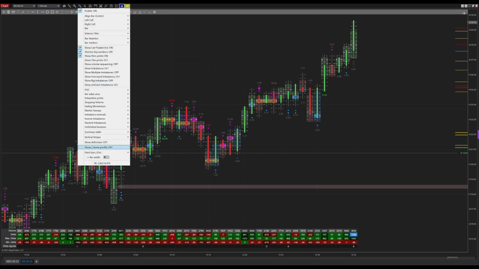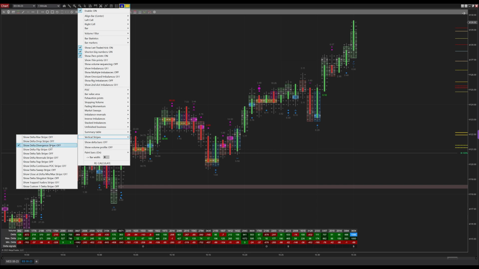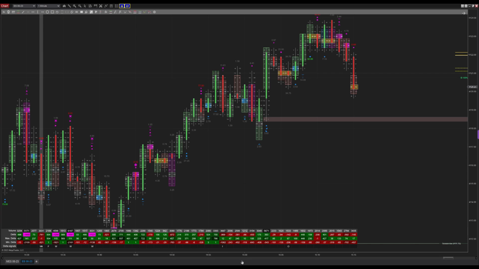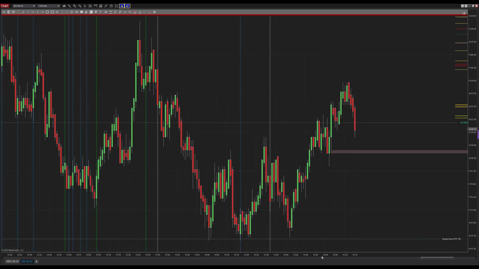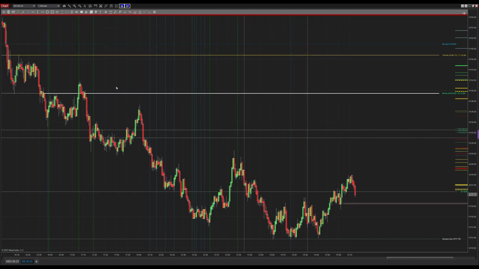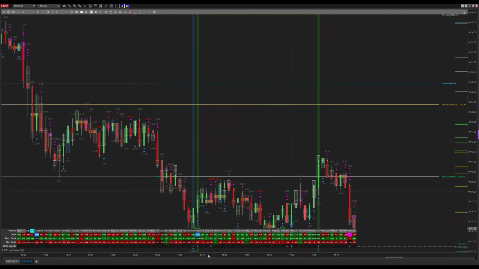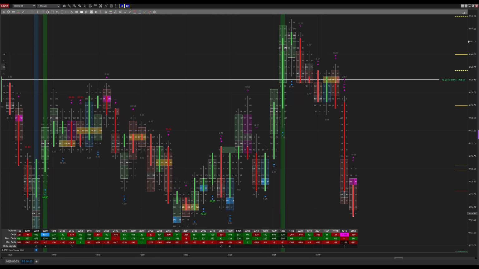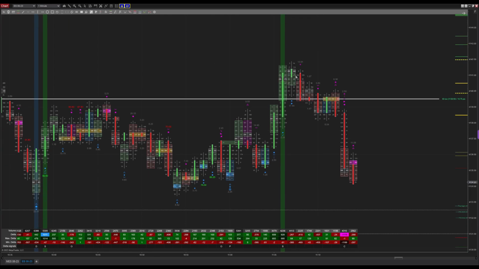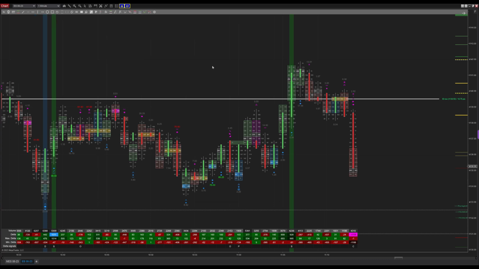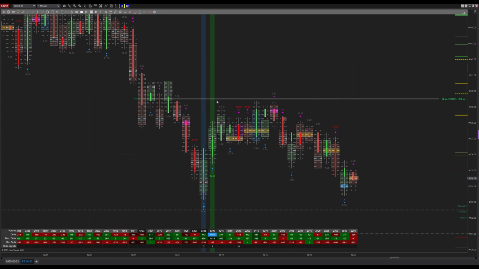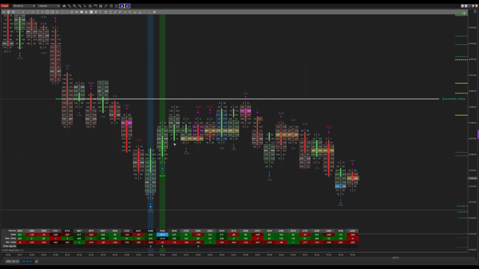If you start putting on things like delta divergence, and we're going to put on tails and stripes and delta rise here, you start putting too much on, you can start to really lose track of what's happening here. If we go to a section like this, you're going to have too many signals, right? It's too much information. Choose two or three that make sense to you, again, that you're drawn to, you understand why you would want to participate, you like the potential risk reward.